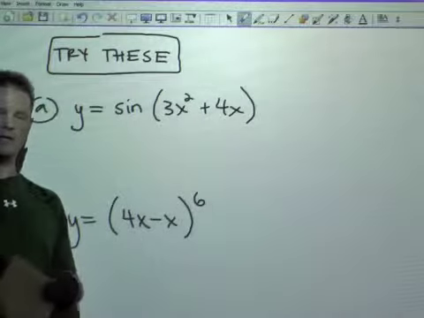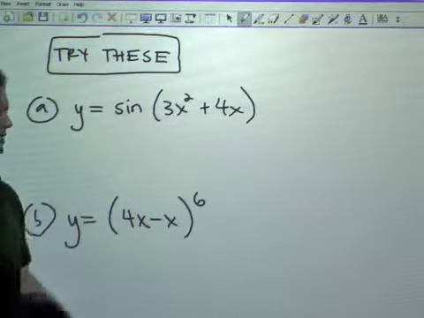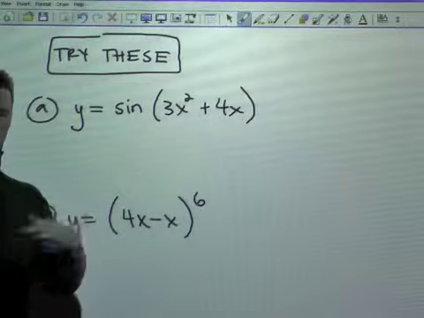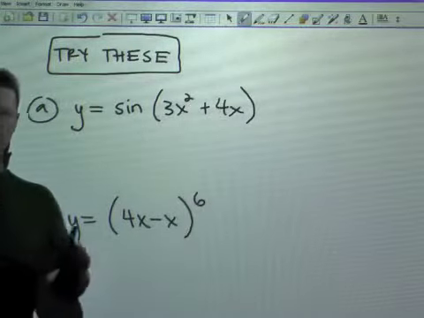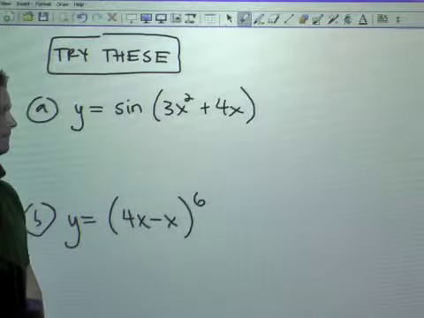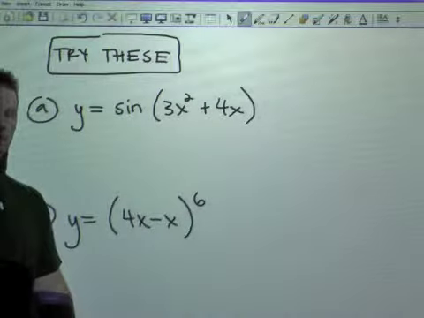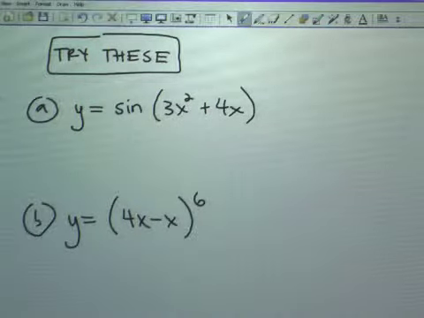Take about 5 minutes, find the derivative of each of these, and check the answers with the people around you. If I can get the substitute to pause the video for a little bit here, I'll come back in a little bit with the solutions. Good luck.